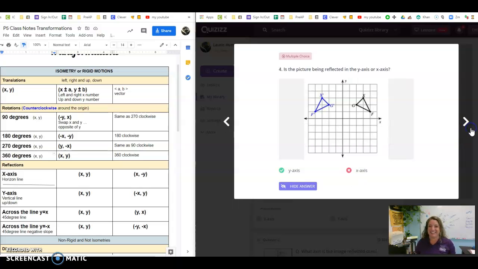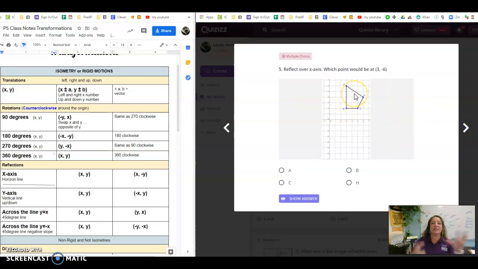Okay, let's try the next one. I left my answers open, but yes, this is the y-axis. All right, let's do a little bit of math again. Let's look at the transformation table and see what this one would look like. We're going to reflect this shape over the x-axis, so it's going to go over this way. On my transformation table, it says I'm going to keep the two numbers the same, but do the opposite of the y number.